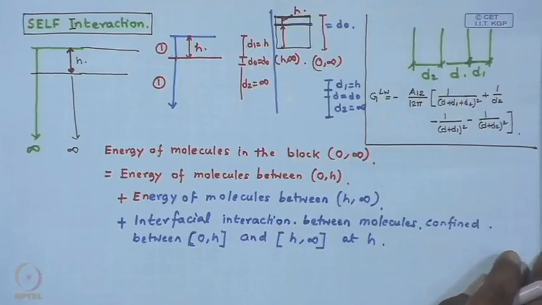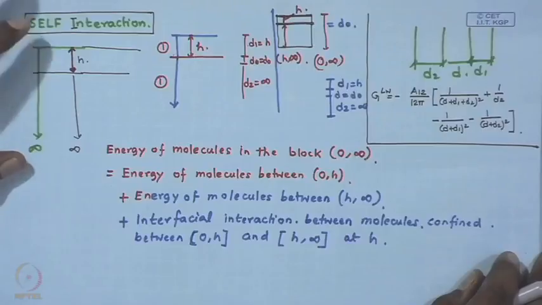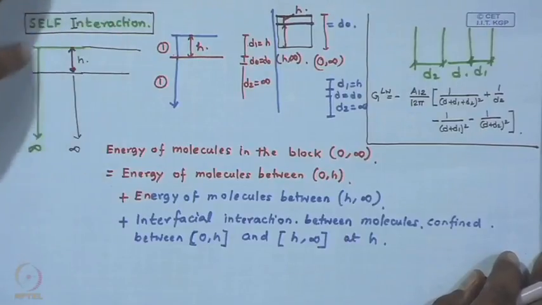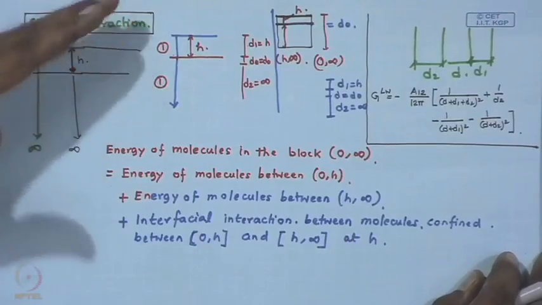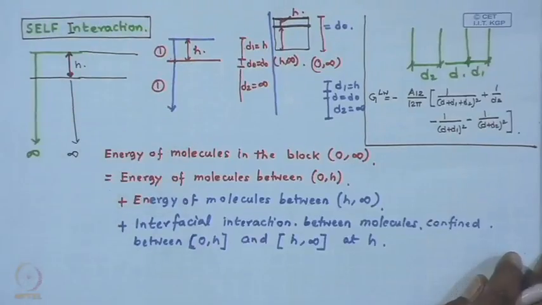So, all we have done is write in simple words the total energy of interaction of the molecules present within this block. That is, now we are talking about the self energy of interaction. When in the earlier lectures we were defining the intermolecular forces, we never mentioned that intermolecular forces have to act across different blocks or different materials.